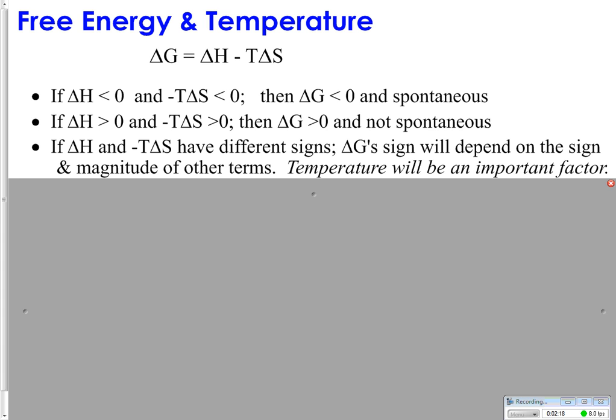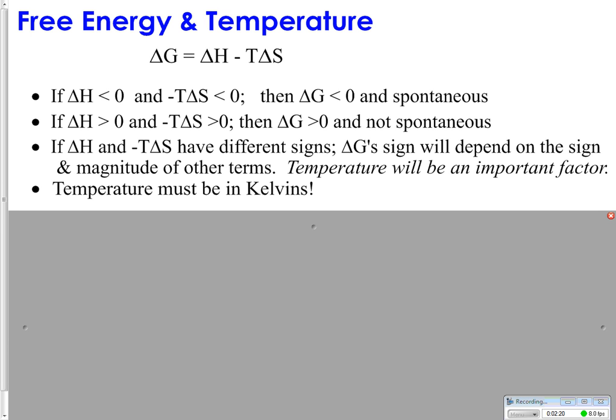So when we use these formulas, we want to make sure that we always have our temperature in kelvins. And if we're using the values from the back of the book, remember, the back of the book always has this little degree symbol by the values. That little degree symbol stands for standard state. Standard state implies that you have 1 atmosphere of pressure and a temperature of 298 Kelvin.